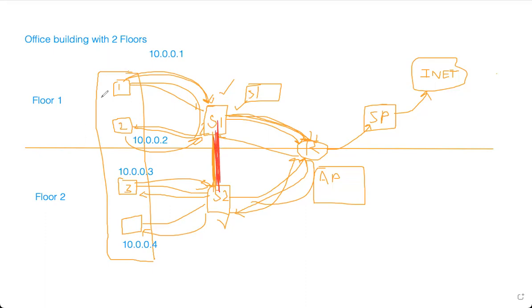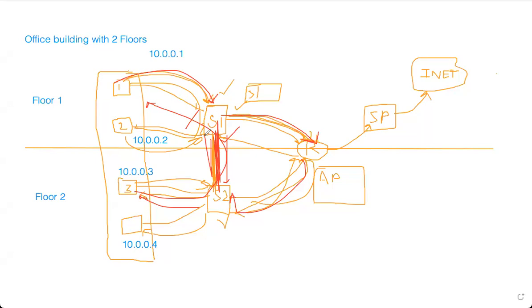That way, PC1 will send the broadcast. The switch will broadcast that to this port and also this port, and switch 2 gets it, and switch 2 will send to PC3, and the response will come back this way. That way, your internal traffic does not have to go to your gateway and come back to this switch. So you can put a link here. Okay, so that is how we can make it.